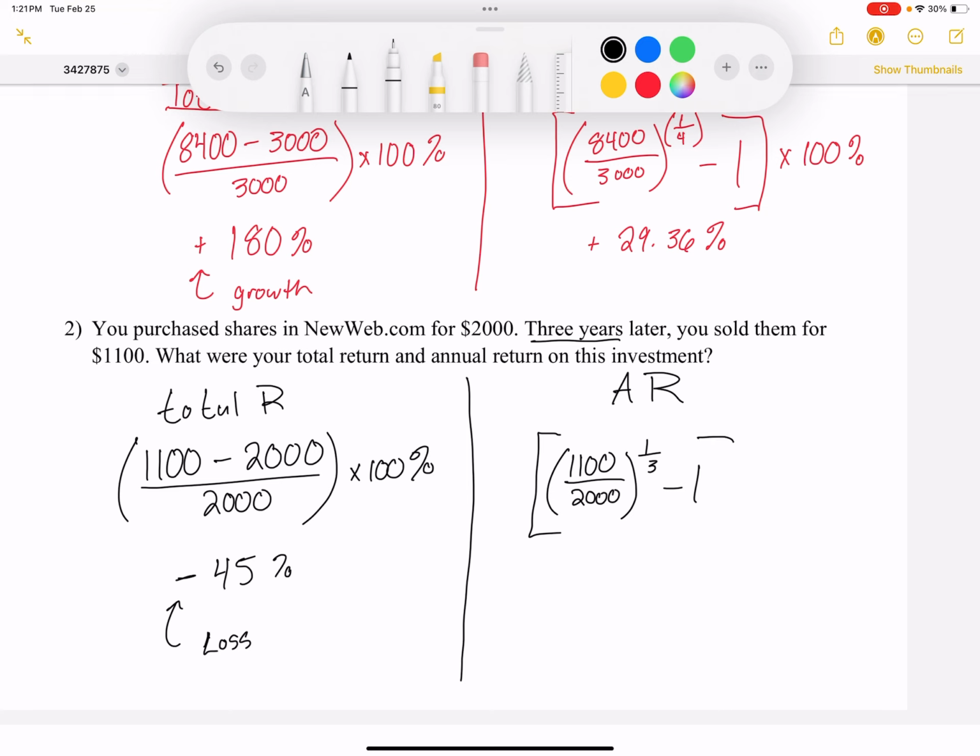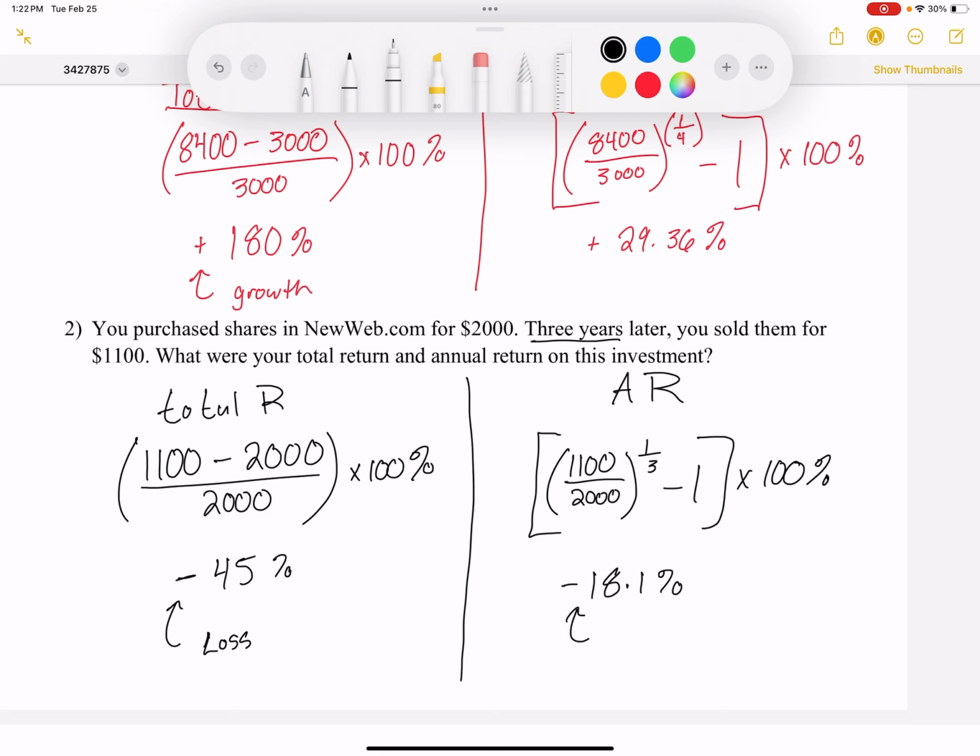Then I'm subtracting 1, and all that will be multiplied by 100%. So we got negative 18.1%, right?